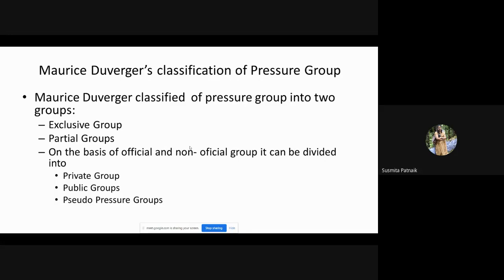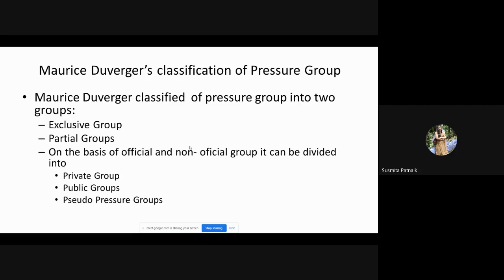The private groups means what? These groups are used for non-official persons. Public groups means these groups are used for official persons. And the pseudo groups means what?